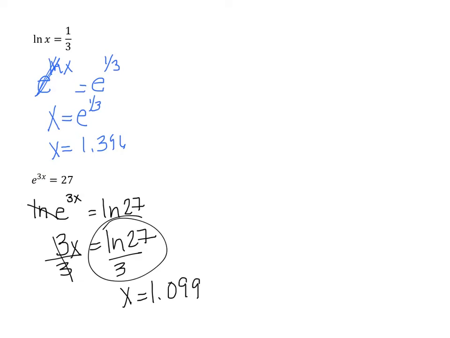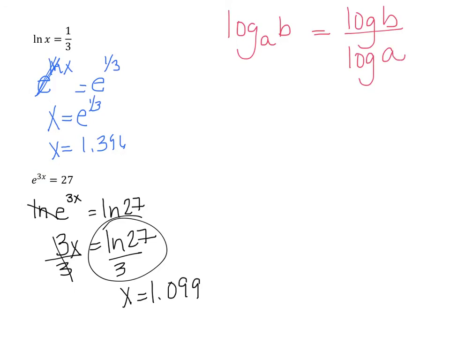Now remember when we were doing the change of base rule, we had the log base a of b, and we could change it so that it was all in base 10, and we would say log of b over log of a. Well, we can actually do this with the natural log as well. So if we have log base a of b, we can make it natural log of b divided by natural log of a.